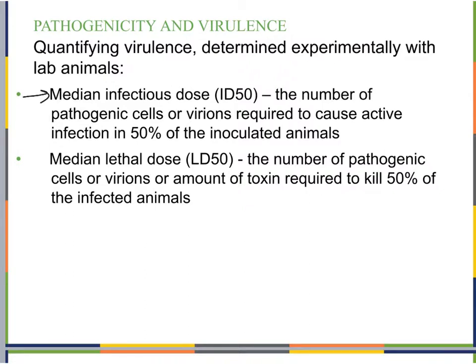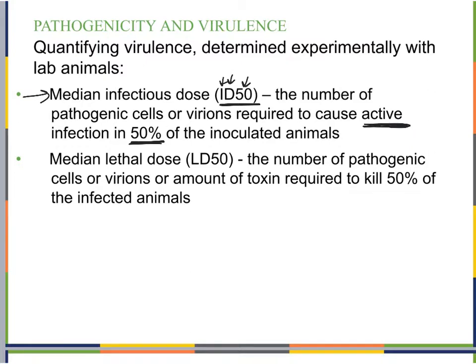The first one is our median infectious dose, or ID50, infectious dose 50, median. This is the number of pathogenic cells, or virions, that are required to cause an active infection in 50% of the inoculated animals. That's where our 50 comes from. When we're saying infectious dose, that means that it causes an infection.